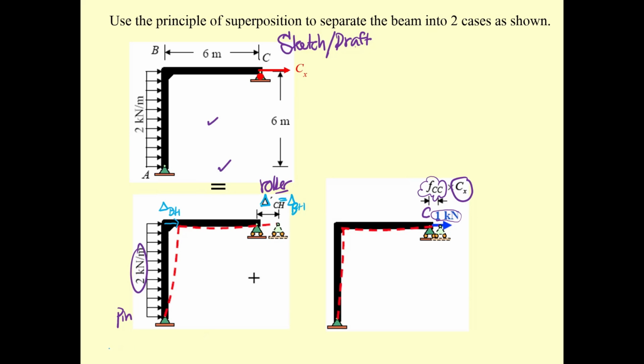Okay, and then under the application of the force, delta sub CV is going to be 0, and also delta sub AX and delta sub AY, they are 0 because it is pinned. For this one, you're going to have theta sub C would be 0, theta sub B would be 0, and theta sub A would be 0.